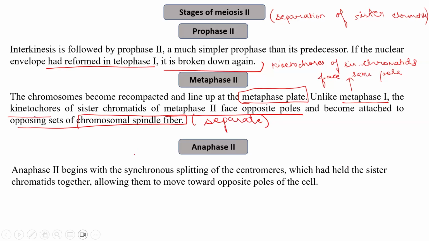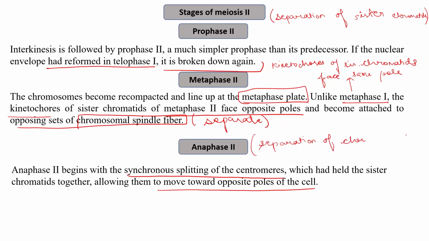Anaphase 2 begins with the synchronous splitting of the centromeres, which had held the sister chromatids together, therefore allowing them to move towards the opposite poles. So basically, the sister chromatids that were earlier present together get separated.